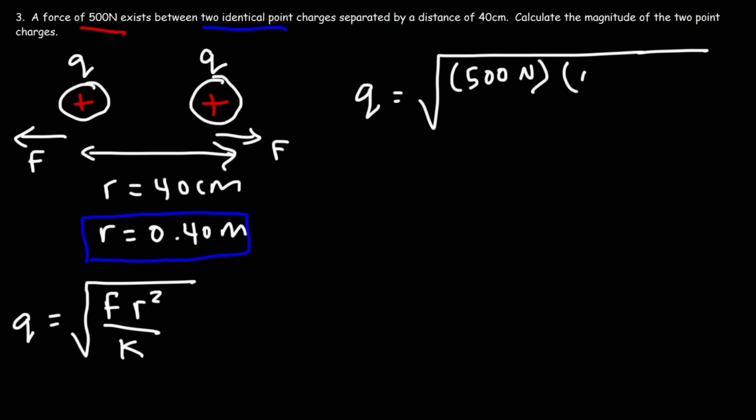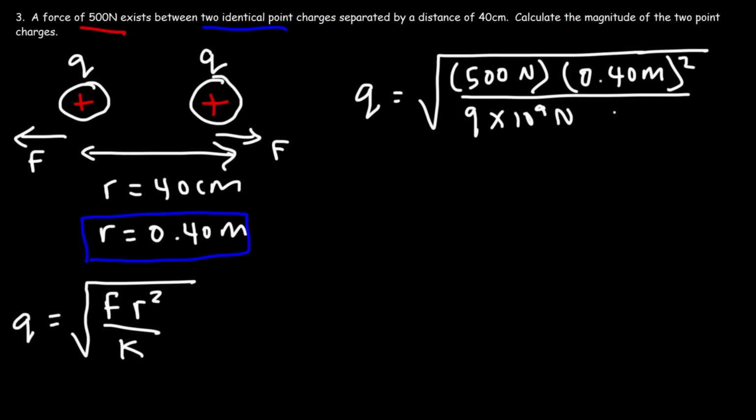R is 0.4 meters. And then K is 9 times 10 to the 9 with the units newtons times square meters over square coulombs. So we can see the unit newtons will cancel and the unit square meters will cancel. And so we're going to be left behind with square coulombs. But when we take the square root of that, the unit will just be in coulombs.